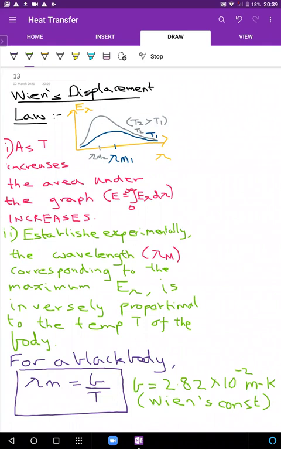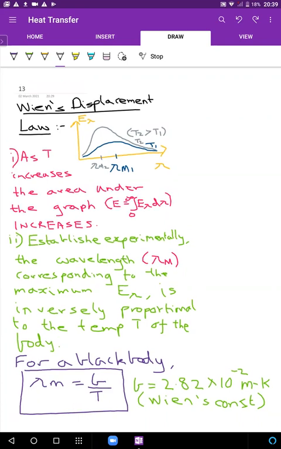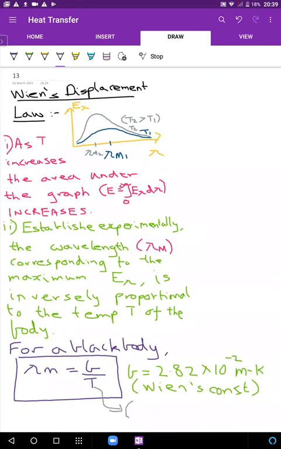Okay. And here, while using this formula, first of all, make sure that this is a black body, and also make sure the temperature is measured in Kelvin. The constant and the nature of the equation are for temperature measured in Kelvin.